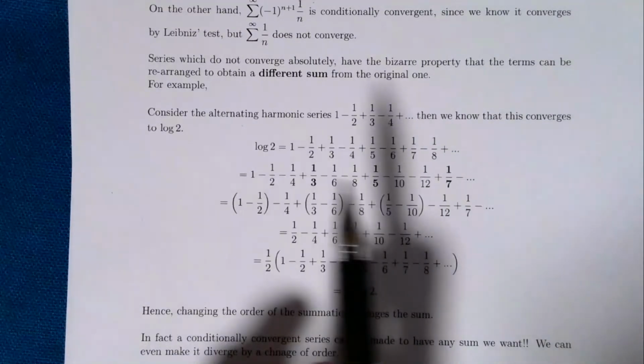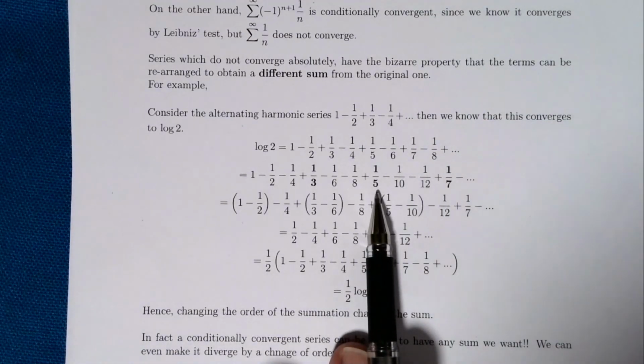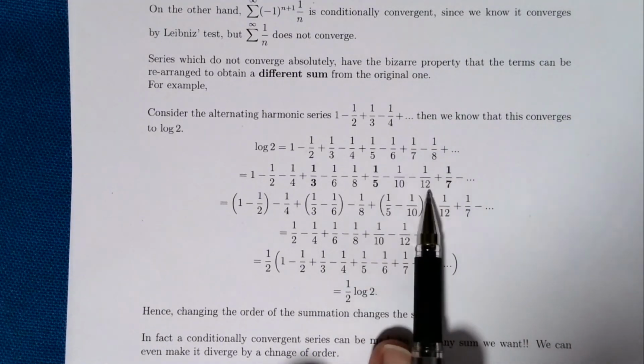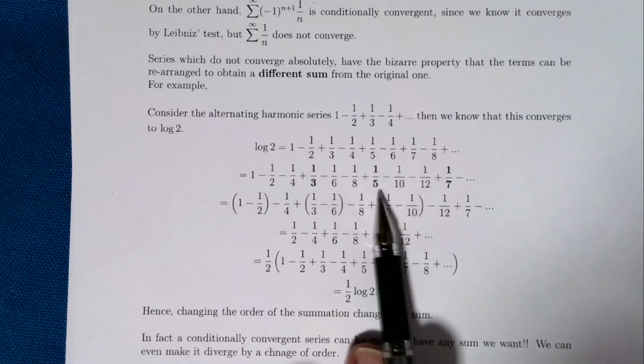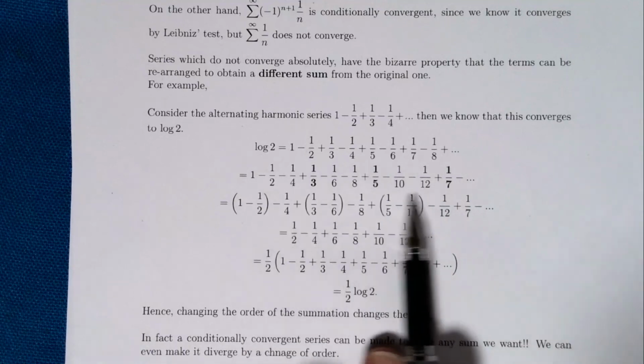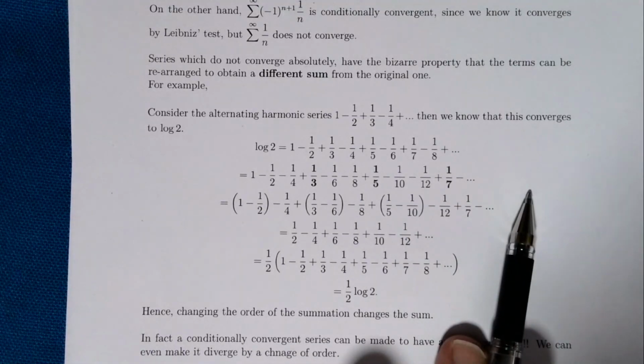And then I'm going to add in the next odd numbered term, 1/5. Then I'm going to take the next two even ones, minus a tenth minus a twelfth, and add in the next odd one, 1/7. And I'm going to keep doing this through the whole of the infinite series. I'm changing the order in which I add them up.